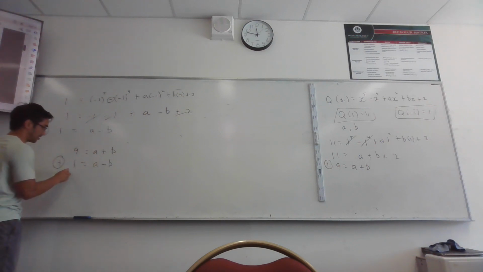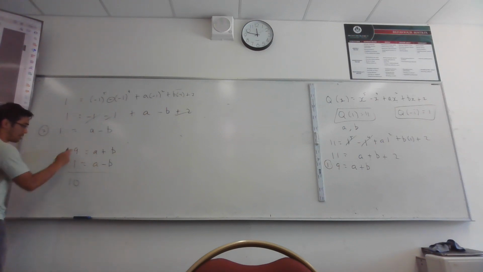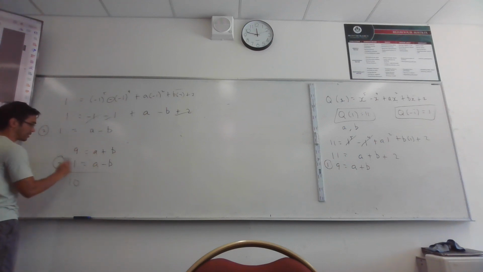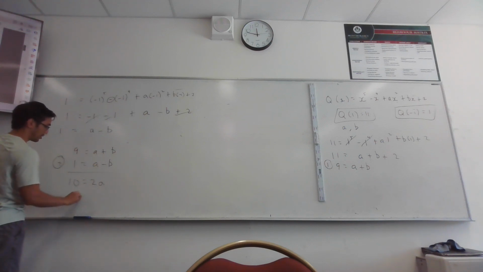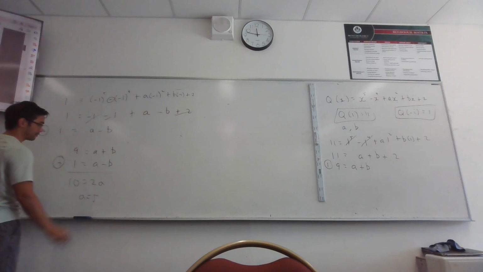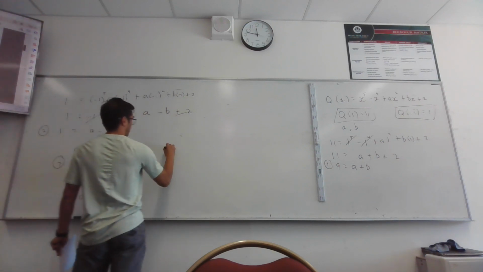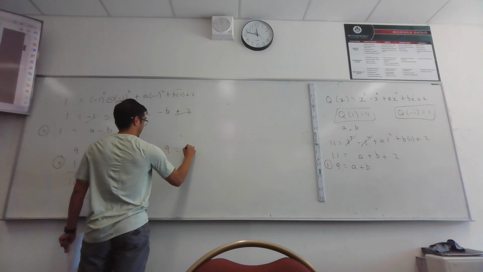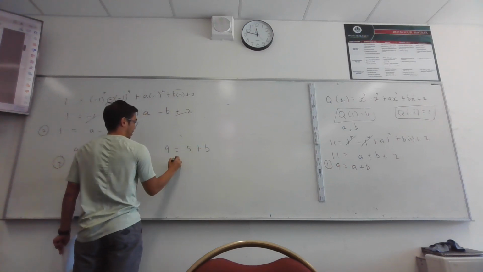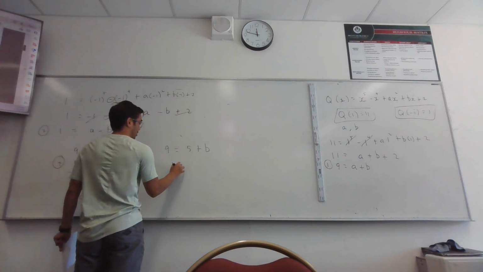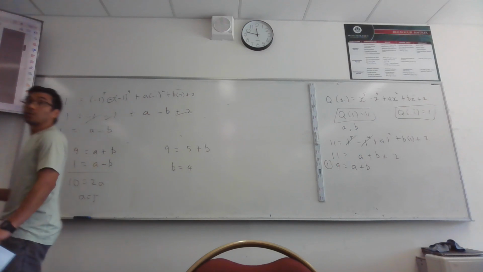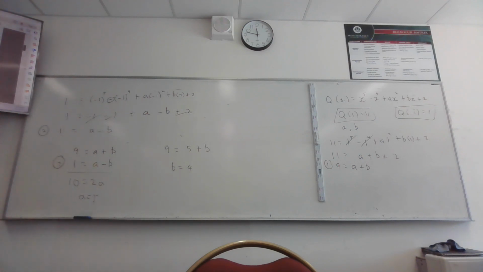You could also subtract. 9 and 1 is 10. A plus A is 2A. A equals 5. And then he's substituted into here. 9 equals 5 plus B, because that's our A. And as Zaid said, we have 4. Okay. All right.